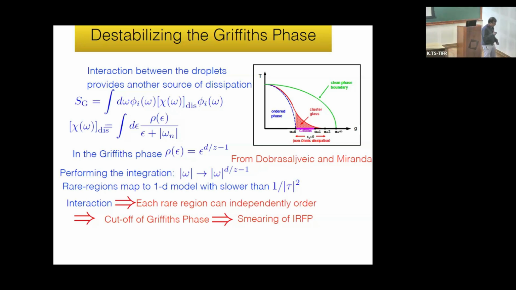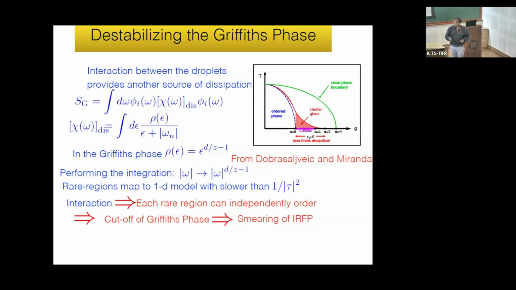Now this is important because if you're in one dimension, and you're looking at rotors with XY or higher symmetry, then if you just go below power 2, the rotors can order by themselves. In our case, there are these rare regions, and on these rare regions there are fluctuating phases.